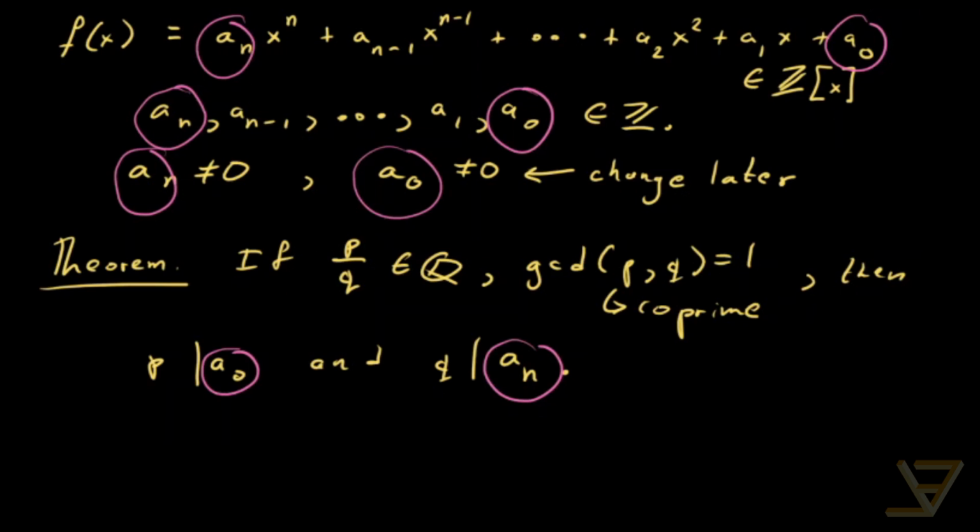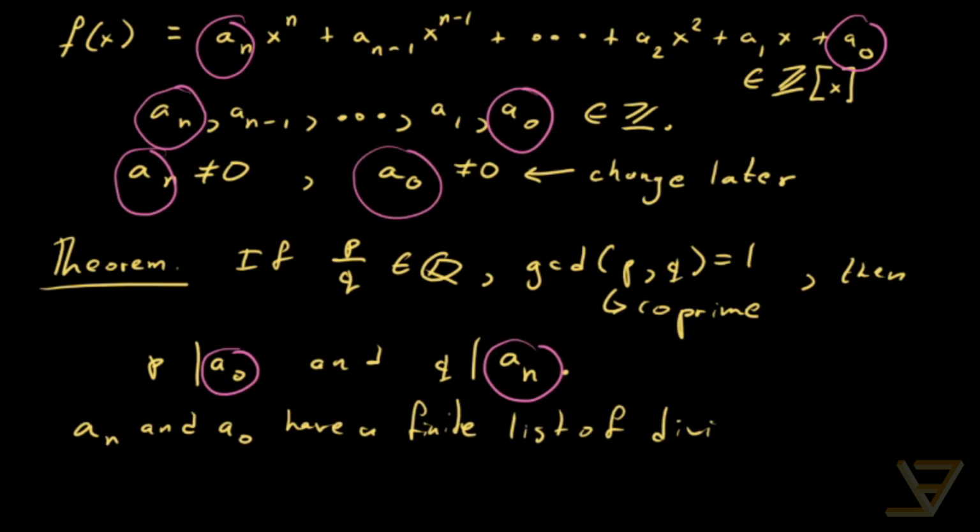And this is useful because a_n and a_0 have a finite list of divisors, and they might be negative.